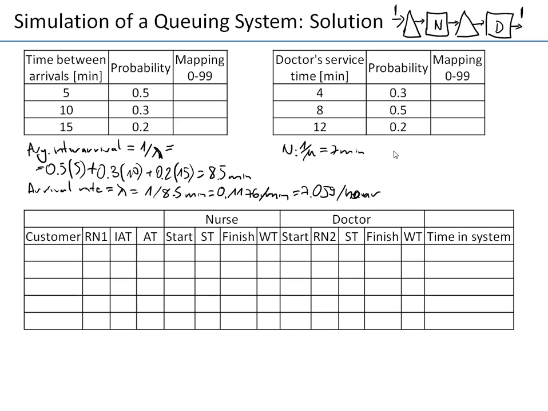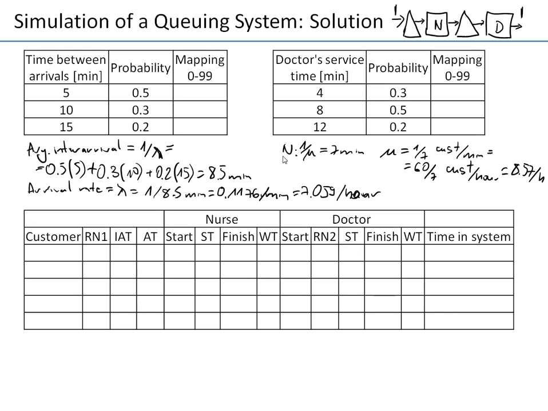So we can also compute the service rate of the nurse: it is 1 over 7 customers per minute, which will be 60 over 7 customers per hour, which is 8.57 customers per hour.